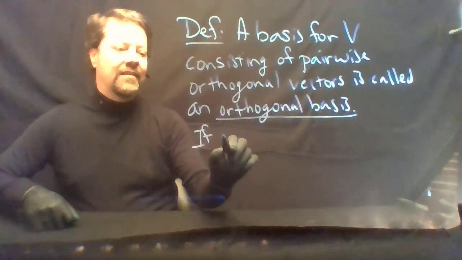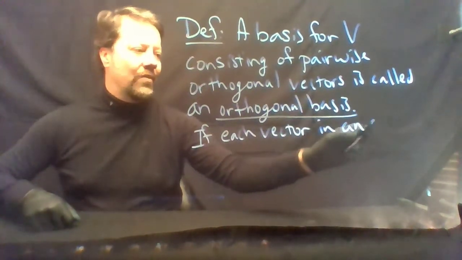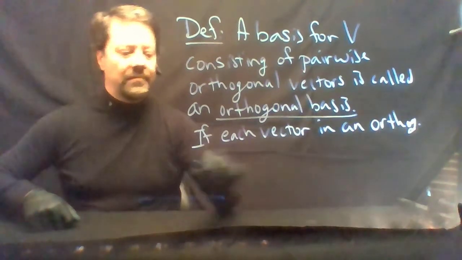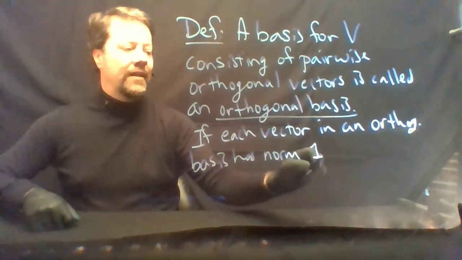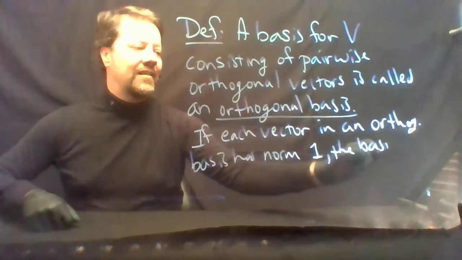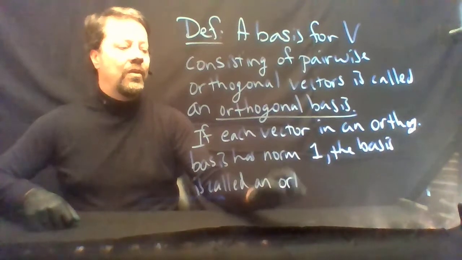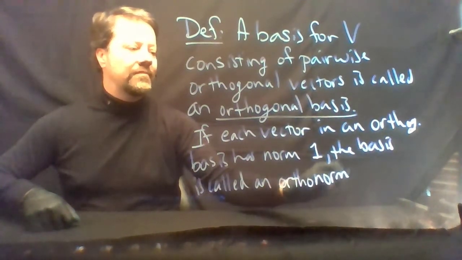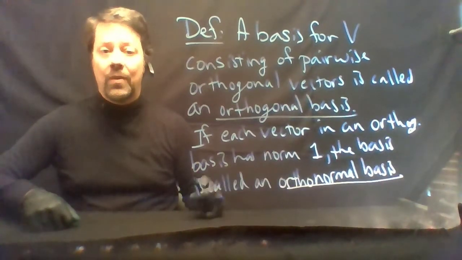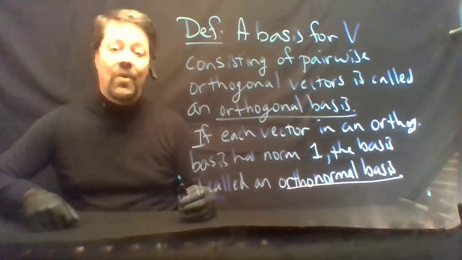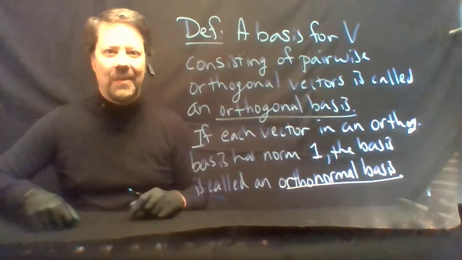If each vector in an orthogonal basis has norm 1, the basis is called an orthonormal basis. All of the vectors have been normalized, giving them length 1. It's an orthonormal basis. They're both orthogonal and normalized to have length 1.